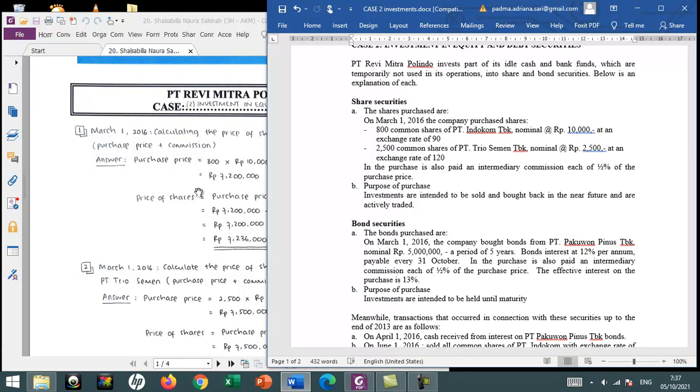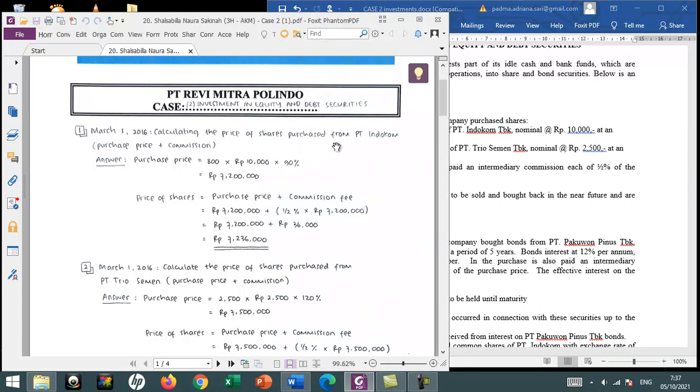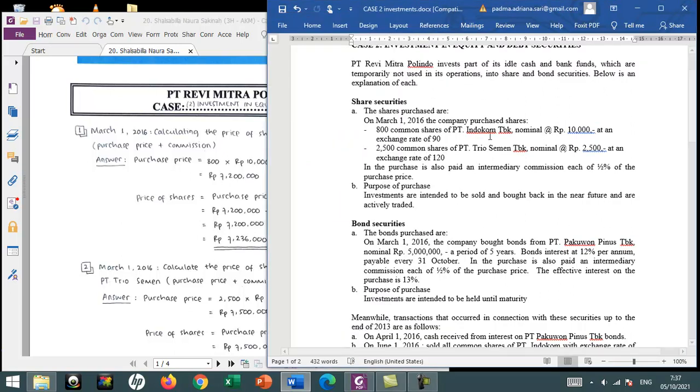First we need to calculate the price of share purchase from PT Indocom. PT Revi bought shares from PT Indocom and PT Trio Semen. First we count the share purchase from PT Indocom.